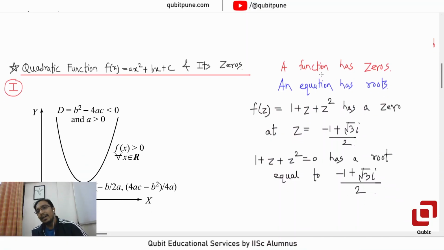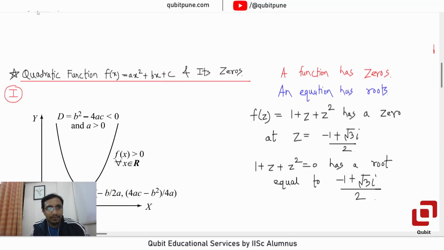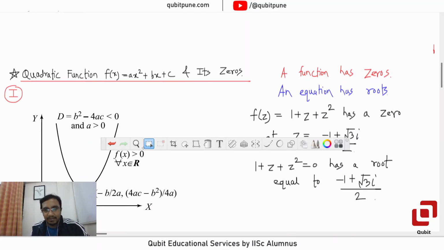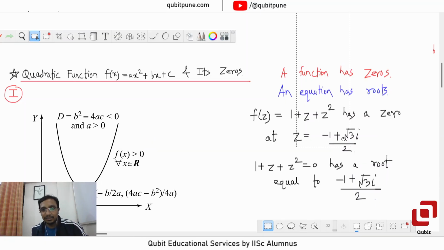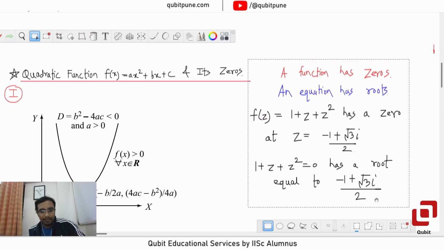Now what is meant by zero of a function? Those values whose images are 0, or which are mapped to 0 in the range of the function. Is that clear? Or should I explain it again? You understood it, right? That is a minor topic, but nonetheless you should know the terms, in which context which term is used.